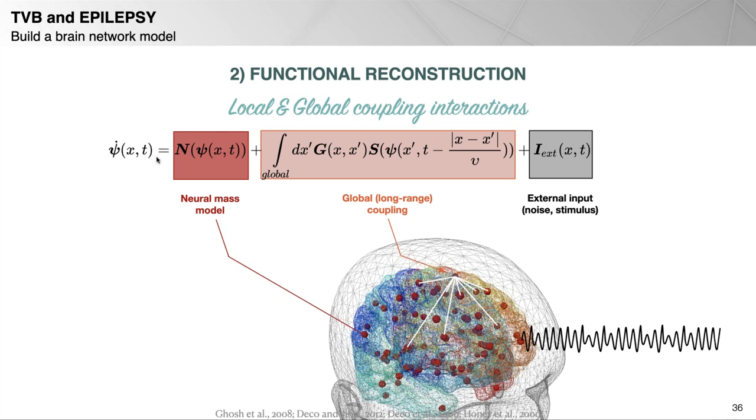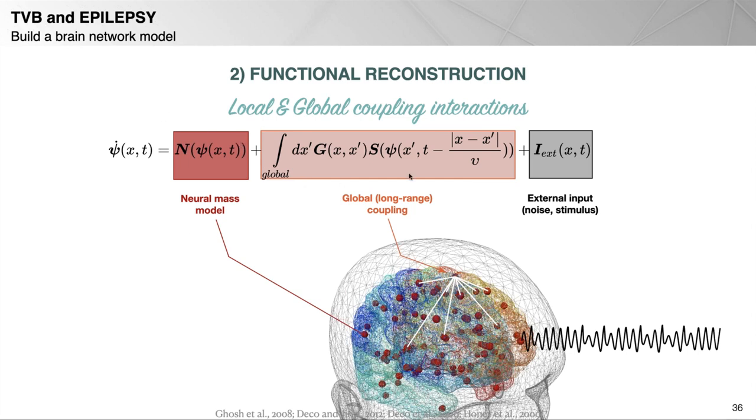The virtual brains are then built based on the mutual interaction between the neural mass models, coupled through the underlying connectome. Here the big G is a structural connectome, and here is a coupling function. So this is a general evolution equation of a brain network model that you already saw last week.